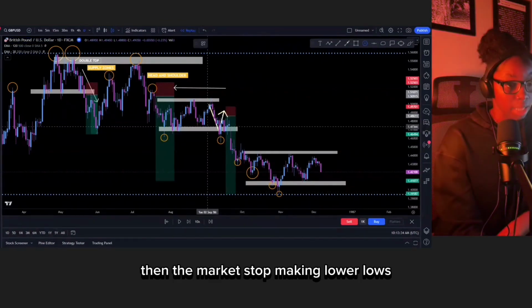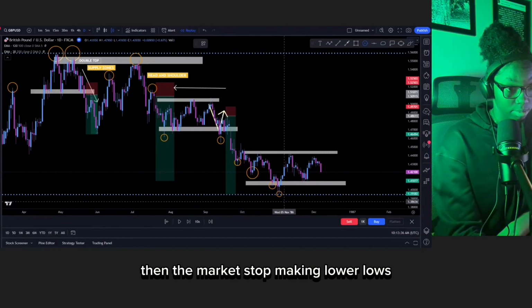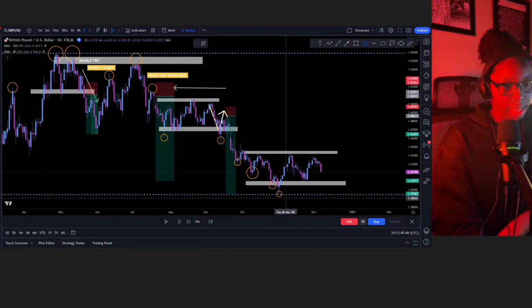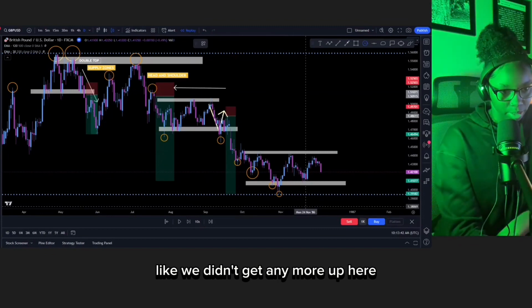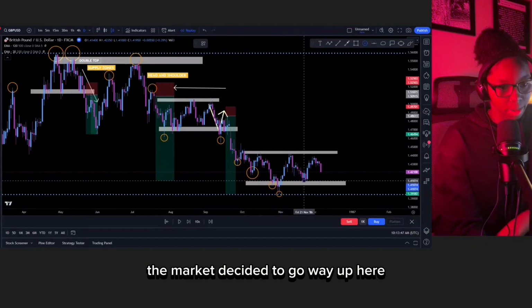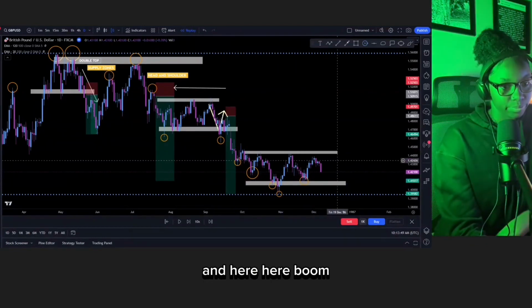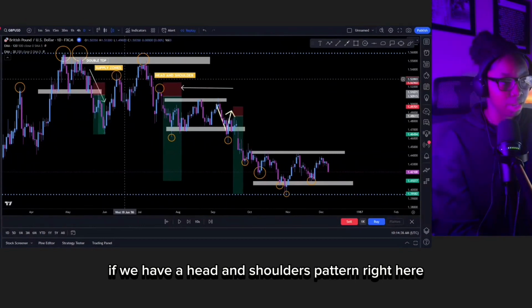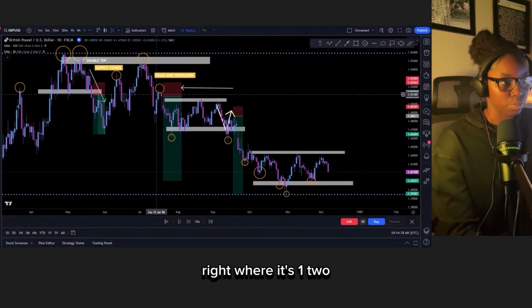But then check this out. The market stopped making lower lows. Our next move was way up here. We didn't get any more up here and down here. The market decided to go way up here and here. Boom. Y'all know what that means, right? If we have a head and shoulders pattern right here, where it's 1, 2, 3, 1, 2, 3.